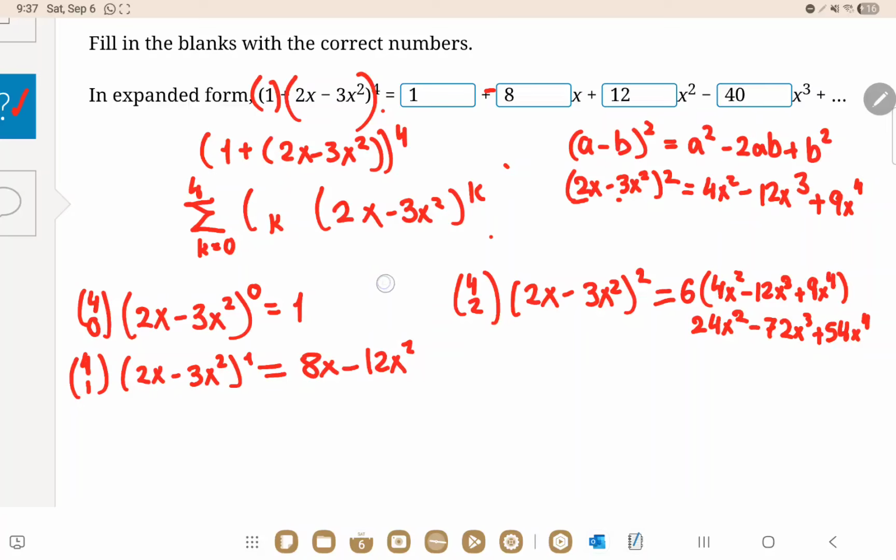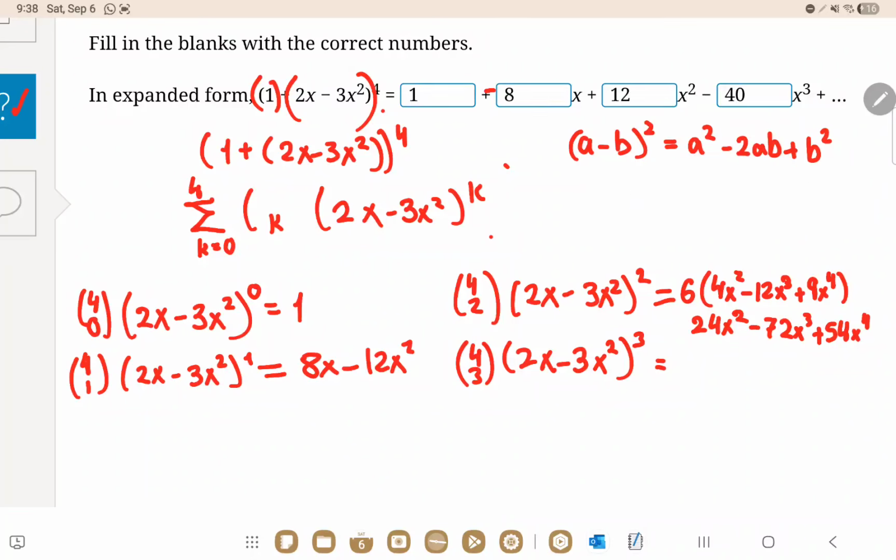Now, oops, my bad. Now we need to do for combination 3, which is 4 combination 3 into 2x minus 3x squared all cubed. Now this is equal to, let me remove this, a minus b cubed.